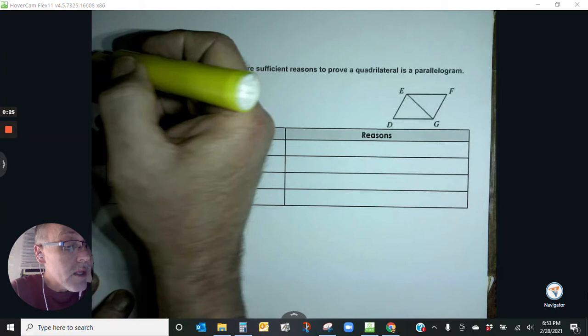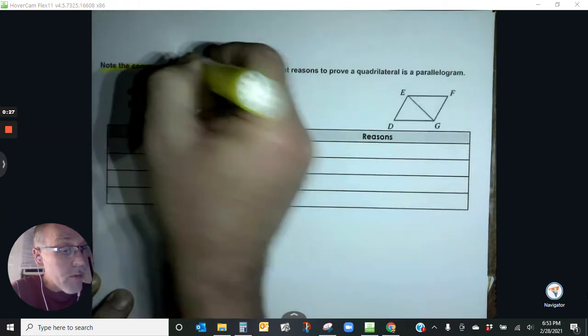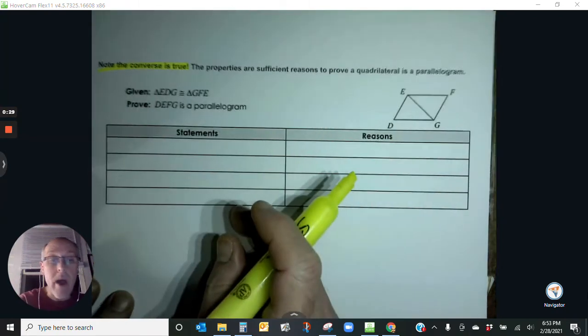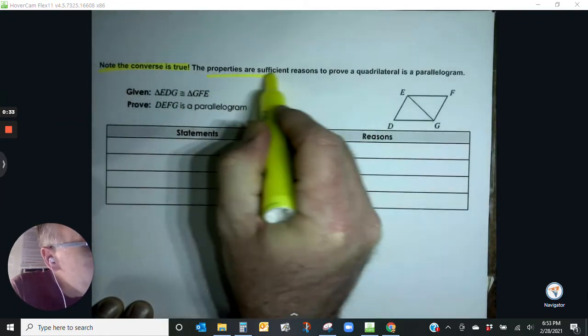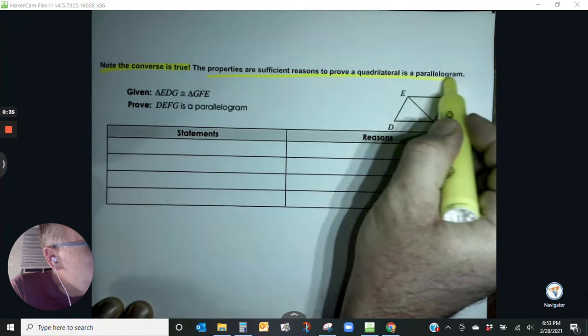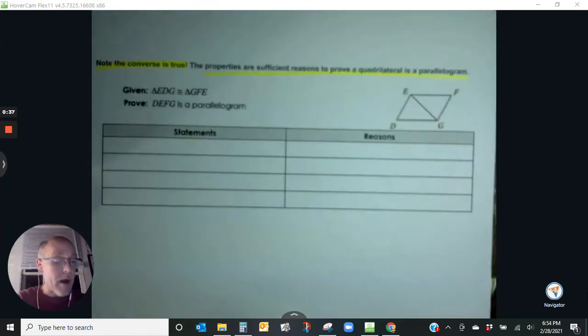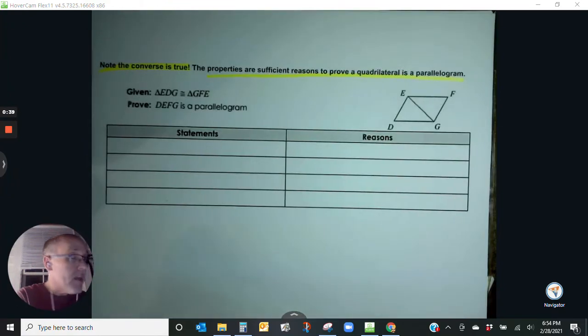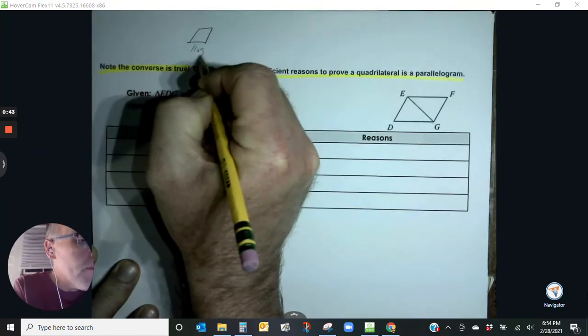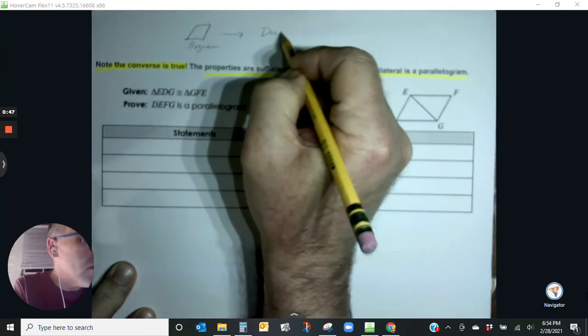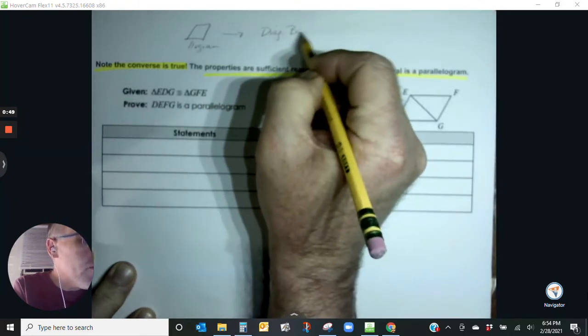So note the converses are true. Remember, converses mean we go the other way. So the properties are sufficient reasons to prove a quadrilateral is a parallelogram. So we have these properties that say things like, you got a parallelogram, then diagonals bisect each other.